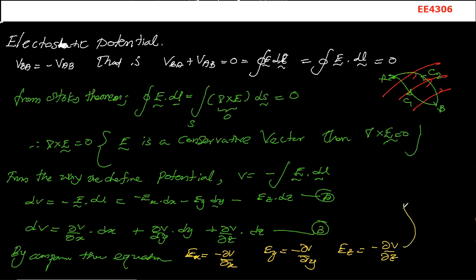So this relationship you can write down as E equals minus gradient V.